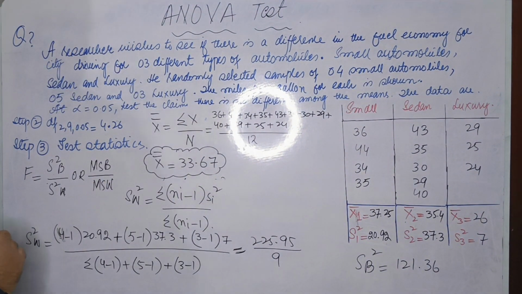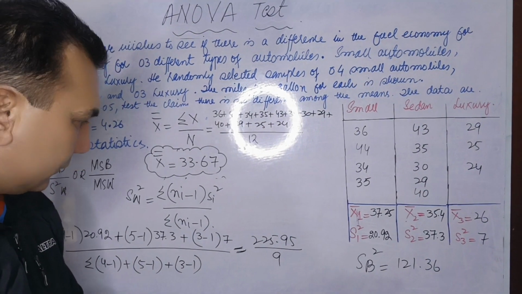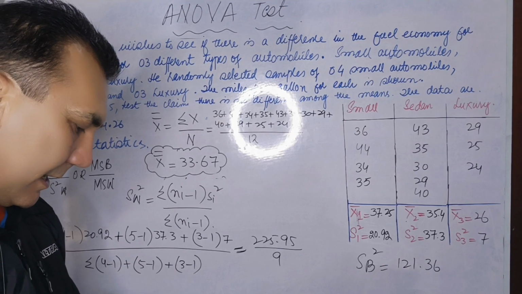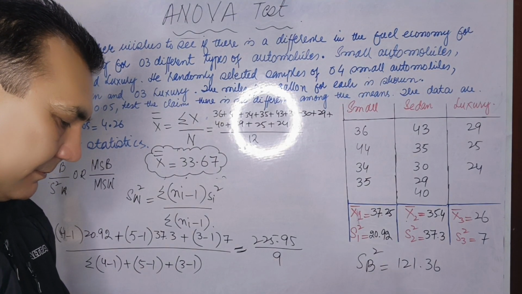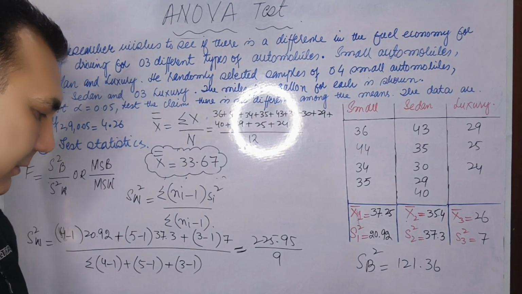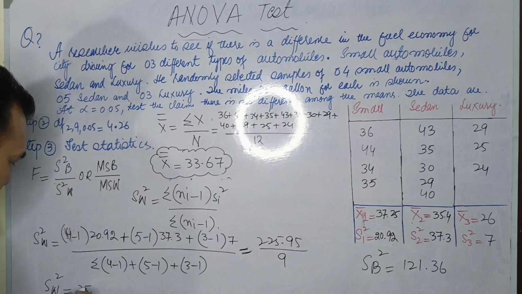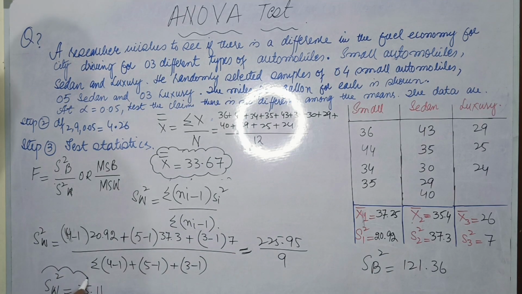Okay, so 225.951 divided by 9, so S_W squared comes up as 25.105, which means 25.11.